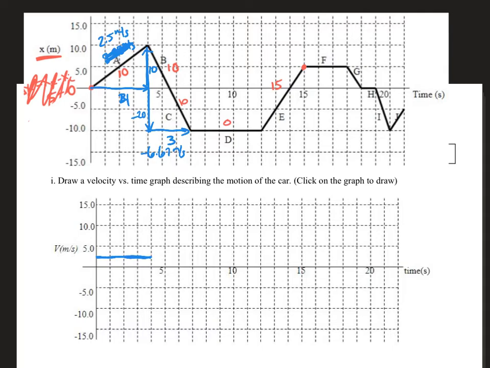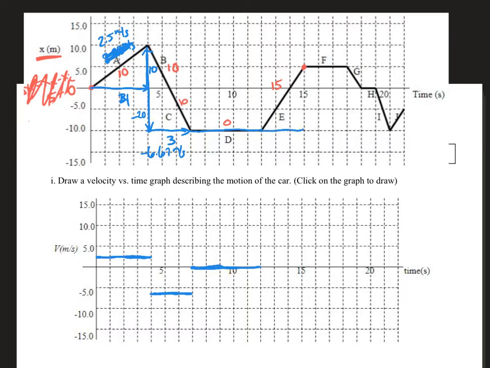So it has to be negative and a little bit greater than 5. This is for 3 seconds. I'm going to say it's right about there. Section D, very easy. For the next 5 seconds, the slope of this line is 0. So for the next 5 seconds, from 7 to 12 is 0.